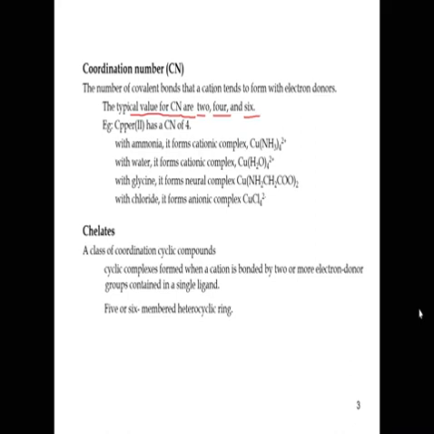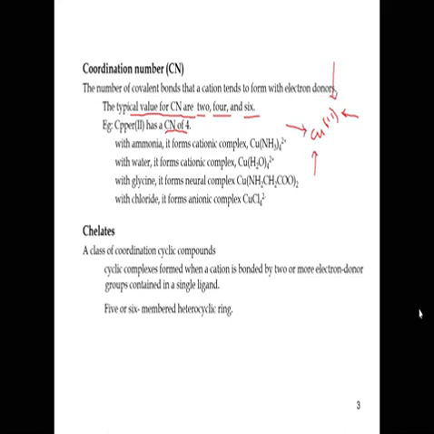If we take copper 2 plus, cupric has a coordination number of 4, right? That means your copper 2 plus can accommodate 4 ligands, so it can make 4 bonds with ligands.